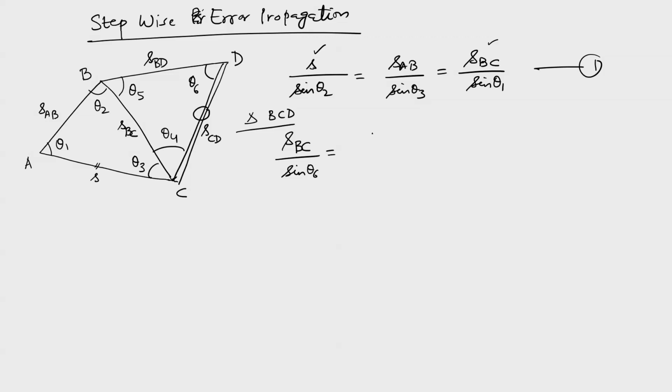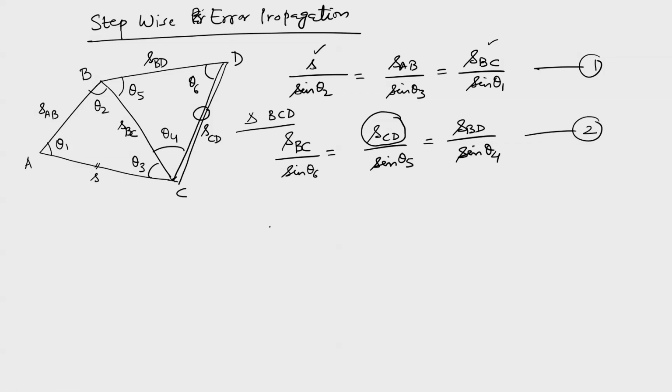So, SBC divided by sine theta 6, SCD divided by sine of theta 5 and SBD divided by sine of theta 4, and this is what we want to find out in terms of S and theta angles. So, now using these two equations I can straight away write it.